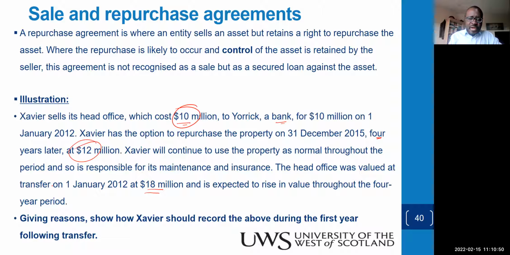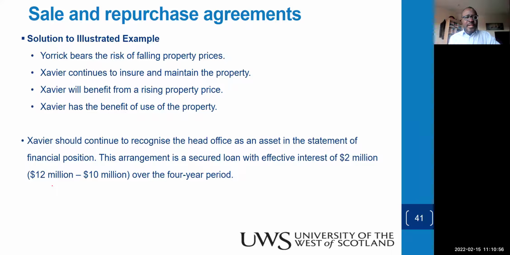Giving reasons, show how Javier should record the above during the first year following the transfer. Here, Yorick bears the risk of falling property prices, because currently when we are transferring it is 18 on the market, but Yorick has agreed he will give it to you at 12. He will suffer that risk. But Javier, the seller, continues to use the property.